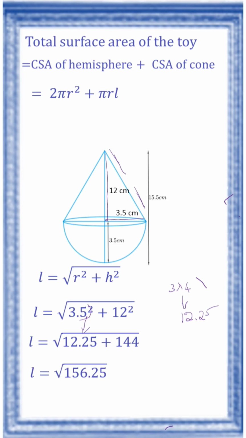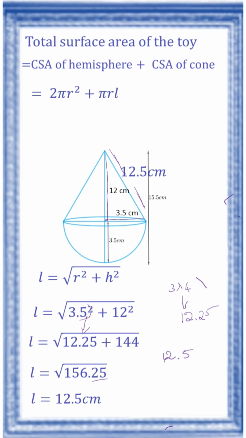The last two numbers after the point are 25, so 5 in the root. For 156, the multiplication of continuous numbers should be 156: 12 into 13. So here 12.5. So L is equal to 12.5 centimeter.